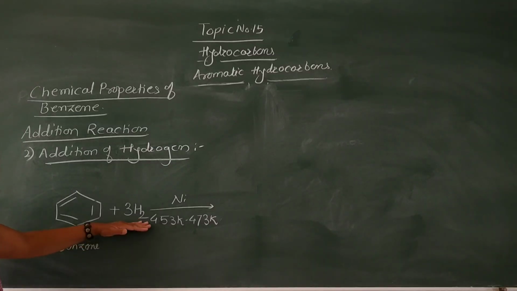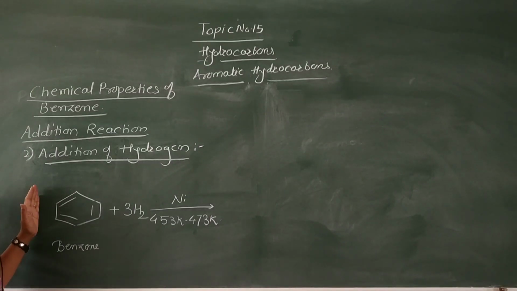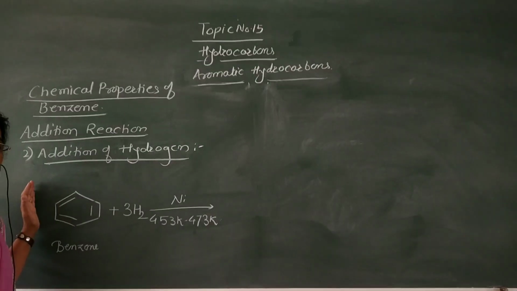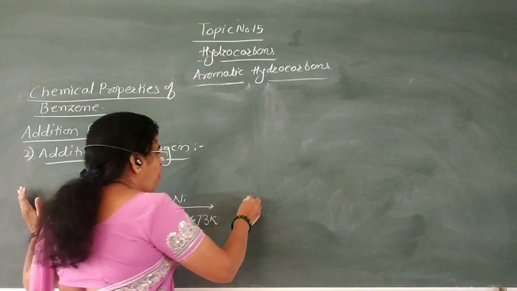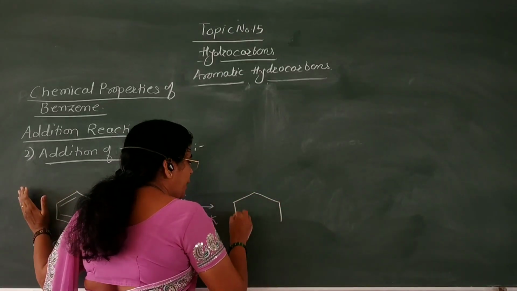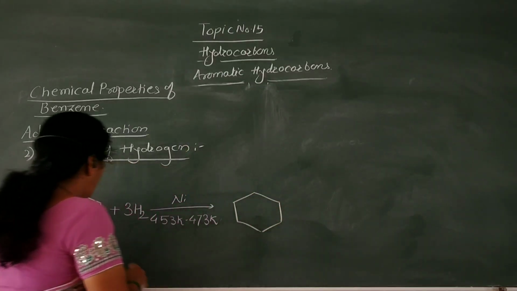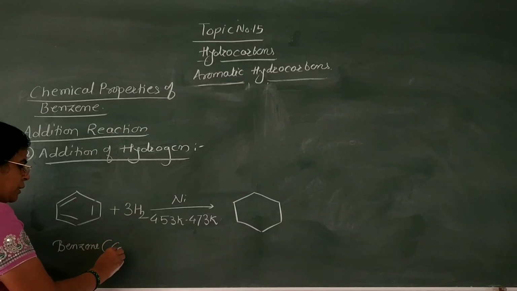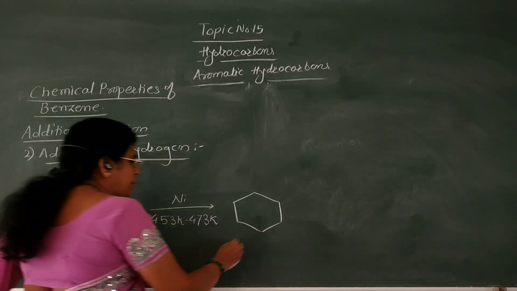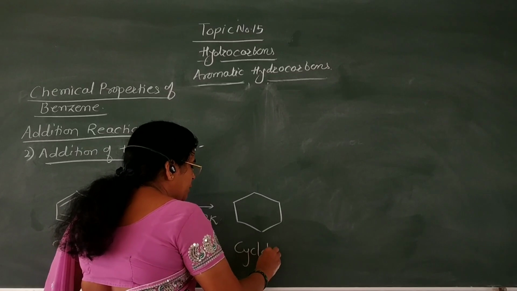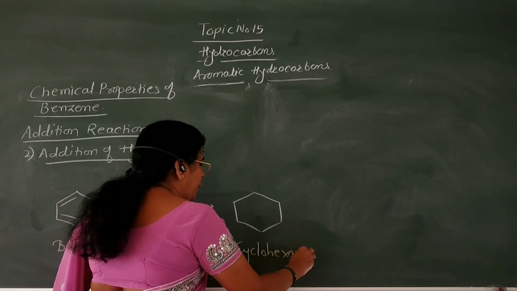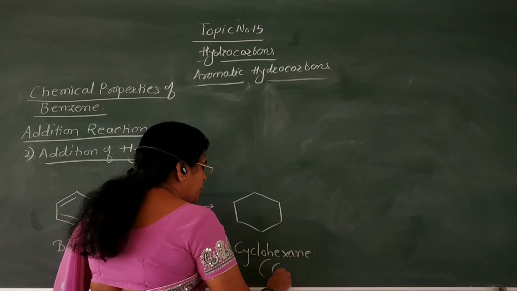Addition of 3 molecules of hydrogen takes place. This reaction is also known as hydrogenation of benzene or reduction of benzene to form cyclohexane. Now here the molecular formula of benzene is C6H6 and this is cyclohexane. The molecular formula of cyclohexane is C6H12.